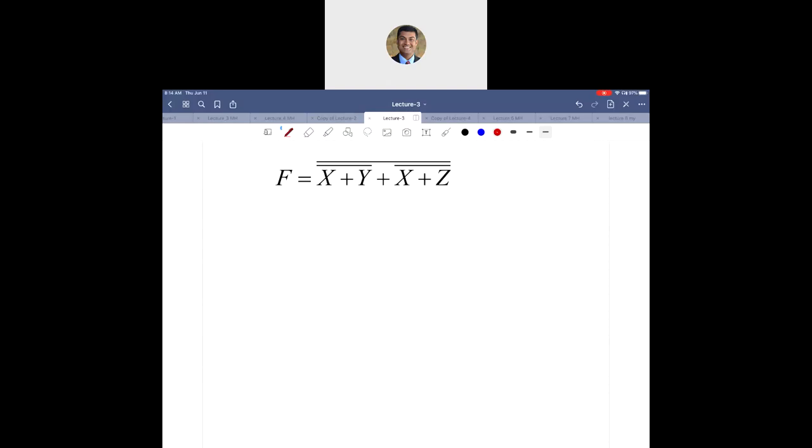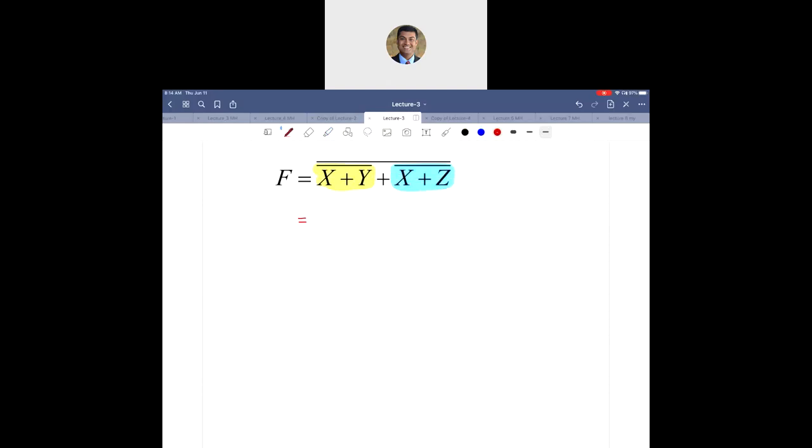The moment I see a lot of complement signs over several terms, I tend towards using De Morgan's law, because I can quickly simplify. So I'll use De Morgan's law first. I will treat this as term 1 and this as term 2.